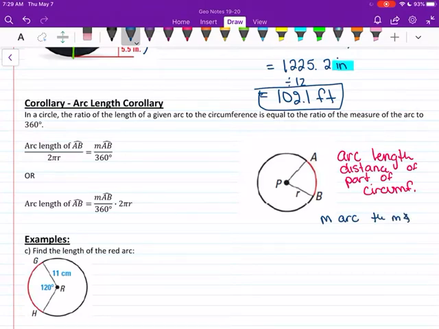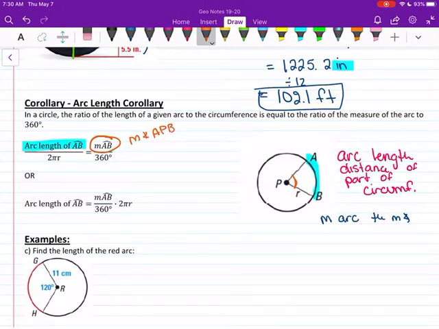So let's look at this. The arc length of AB is the distance of this little curved segment from A to B. And when it talks about the measure of arc AB, that's talking about the measure of angle APB in this case.